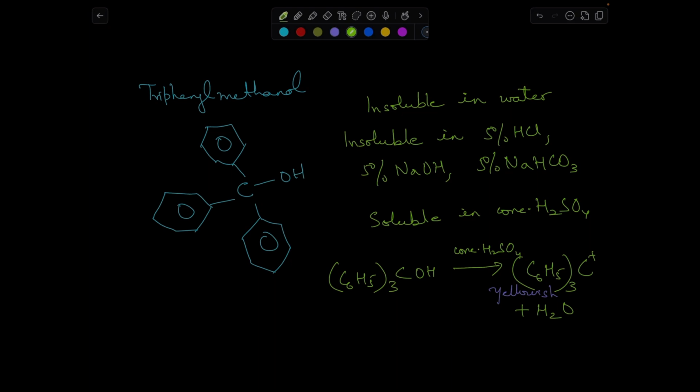In a nonpolar solvent like diethyl ether, because of this group, triphenylmethanol will be soluble in diethyl ether.